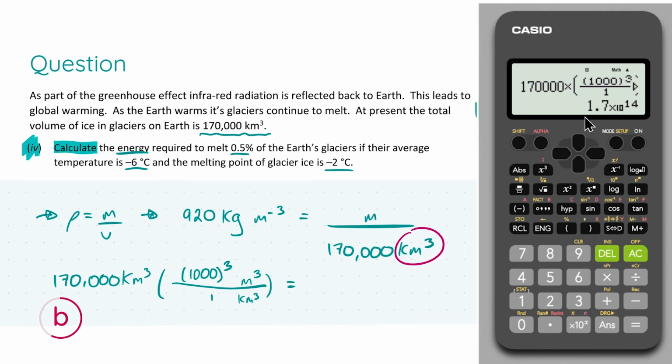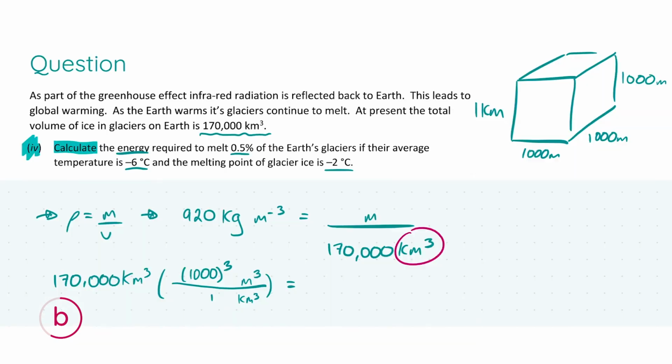So for every 1 kilometer, there is 1,000 cubed meters cubed. Then we multiply this out, and we get 1.7 by 10 to the 14. So this is converting the kilometers cubed into meters cubed. Let's write that down: 1.7 by 10 to the 14, and that's the number of meters cubed.